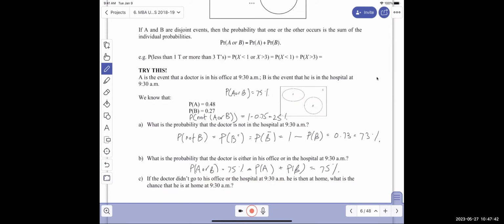So that's going to be what we already discussed, probability not A or B. 25%. Is that okay with everyone? I got it by doing 1 minus probability A or B, which we already calculated in the other part. Part B.